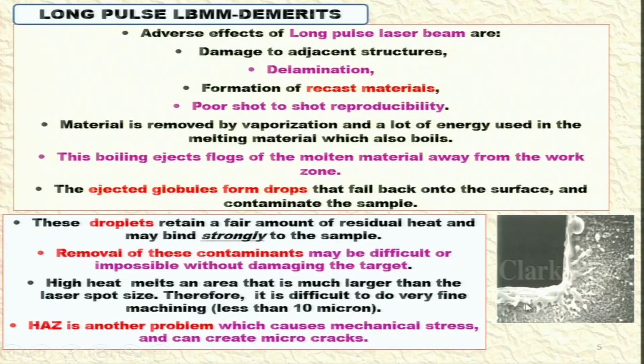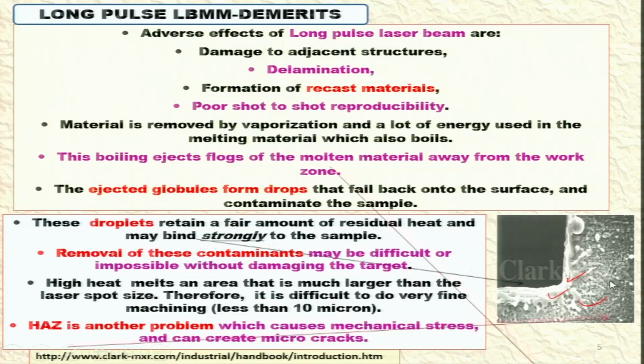You can see here, this is the molten material which has been redeposited, creating all kinds of problems on the machined surface. You can clearly see over here, these are all solidified molten material. This is the recast layer, globules are there, and heat affected zone is there.